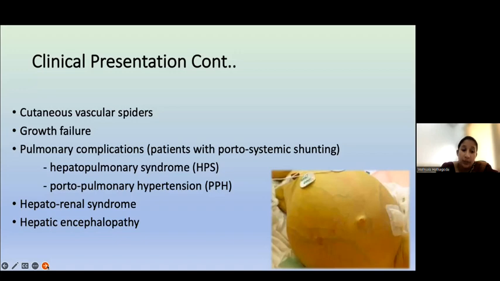Or there can be hepatorenal syndrome, or very rarely, they can even present with hepatic encephalopathy. So there's a wide variety of presentations, but out of all, variceal bleeding and splenomegaly are the most common presentations in children.